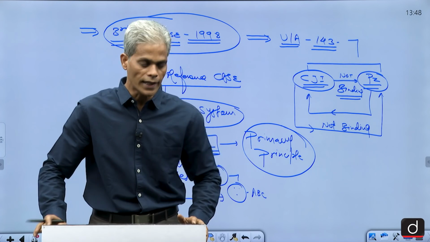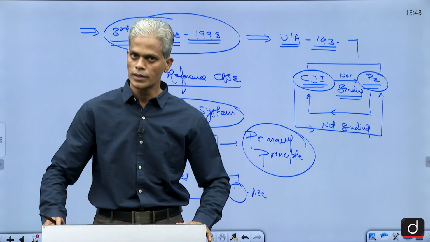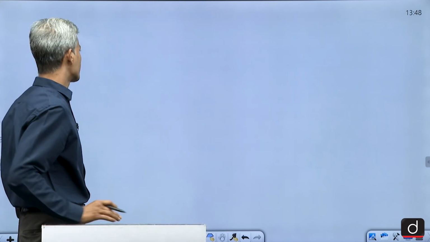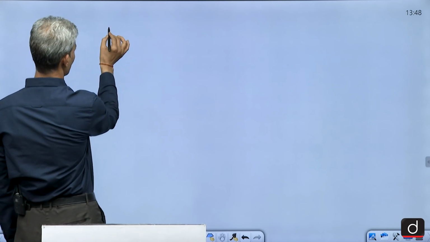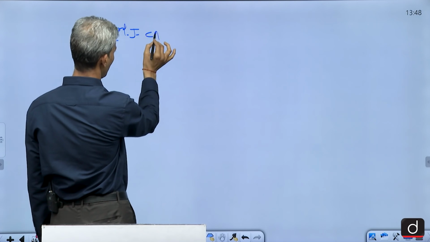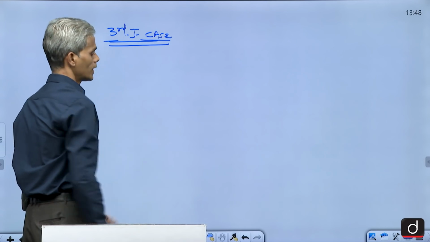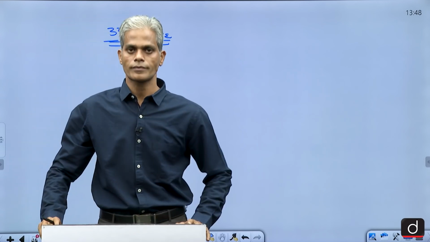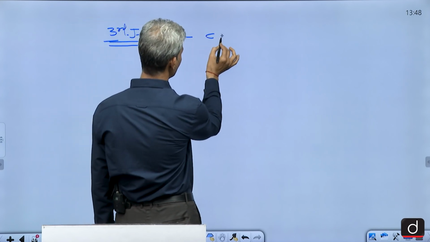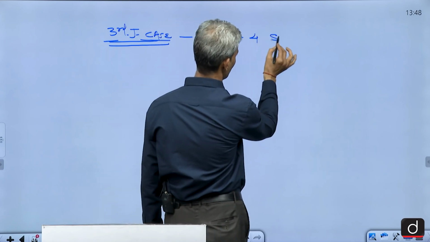So let's try to understand, after this reference case, what was the verdict given in the third judge case. In the third judge case, the decisions which are given are very important. The first thing they have said is that the collegium system is now going to have CJI plus 4 senior-most judges.